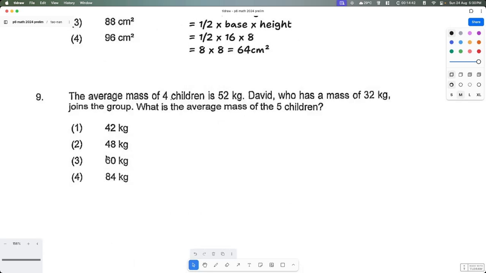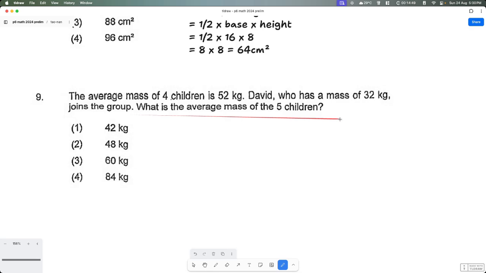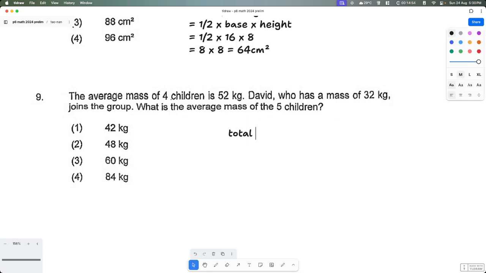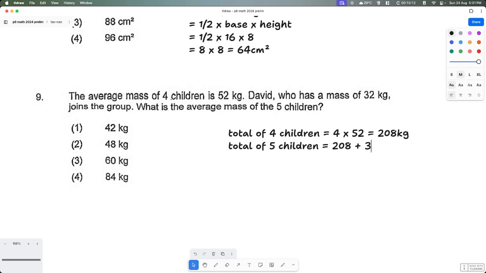Okay, let's move on to question number 9. The average mass of 4 children is 52 kg. David, who has a mass of 32 kg, joins the group. What's the average mass of 5 children? Okay, so the total of 4 children is equal to 4 times 52, which is equal to 208 kg. Then the total of 5 children is equal to 208 plus 32, which is equal to 240 kg.